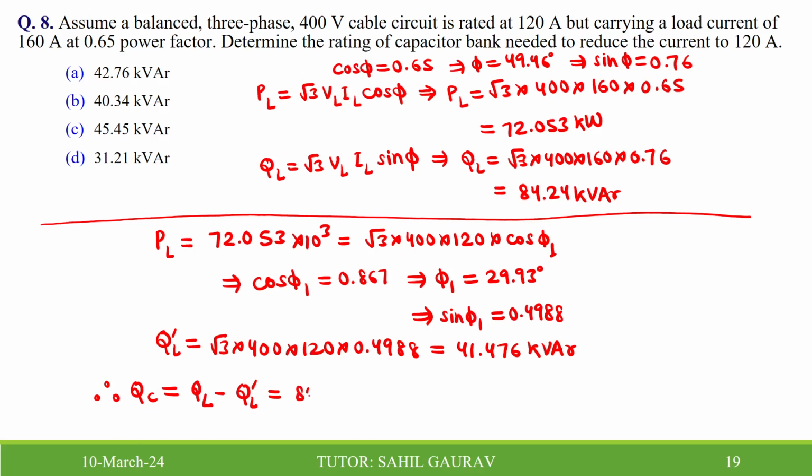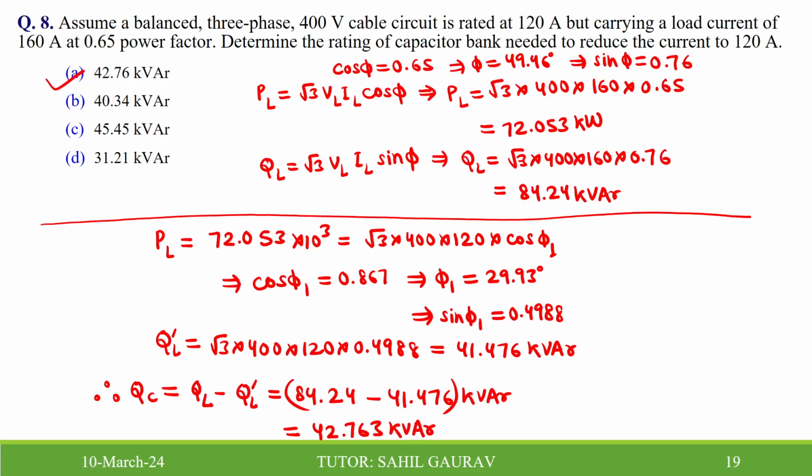So before conversion it is 84.24 kVAR, and after conversion it is 41.46 kVAR. So this will become 42.763 kVAR. So the correct answer is A.